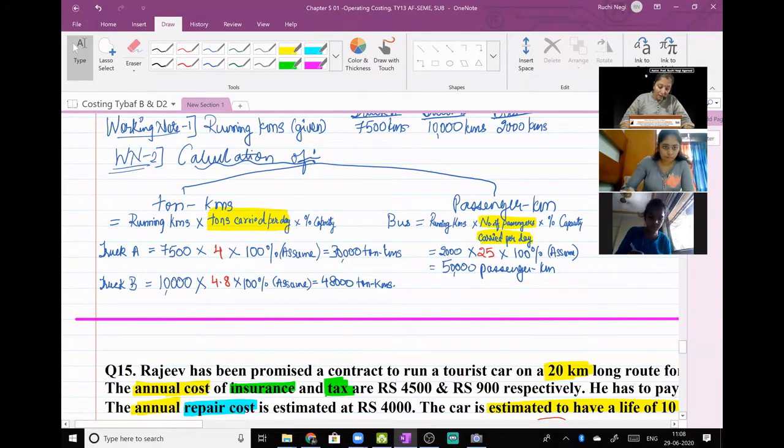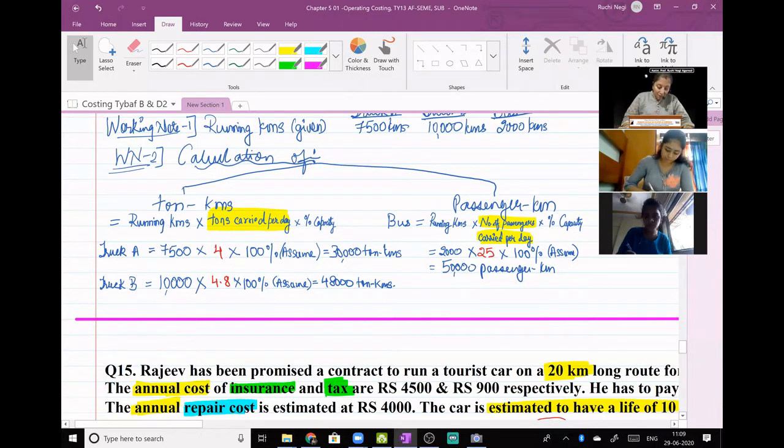Running kilometers into tons carried per day into percentage capacity. And passenger kilometers formula, write down. Running kilometers into number of passengers carried per day into percentage capacity. Formula is almost the same, only the variable which is changing is tons here, and there it is passengers.